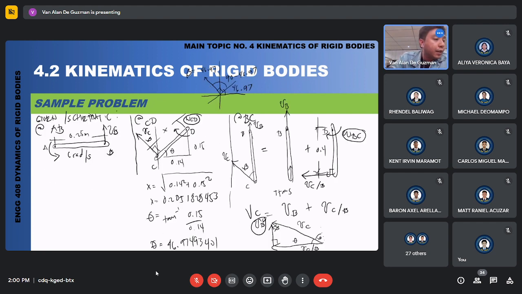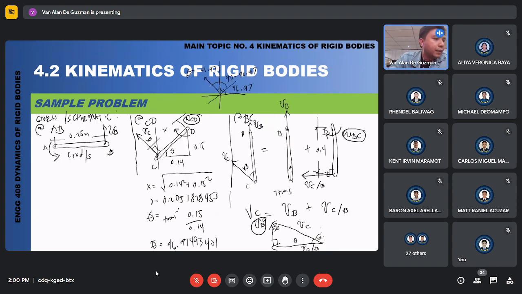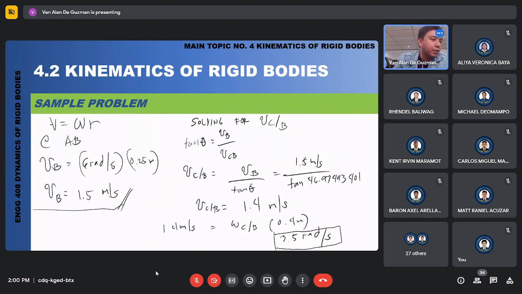W, C relative to V ngayon naman ay nalito lang ako bigla. Sorry. Parang may mali tayo dito ginawa. So this one should be WBC. Tama naman pala. Okay.